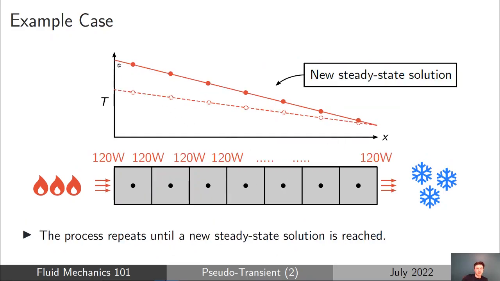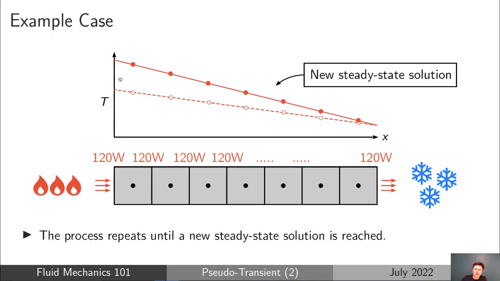This process is going to continue until all of the cells have heated up and a new steady state solution has been reached. You can see in this graph that the overall gradient is steeper because we've got a larger temperature difference between the left end and the right end, and we've now got 120 watts going between each of the cells in the mesh, which results in a larger gradient between each of those cells.